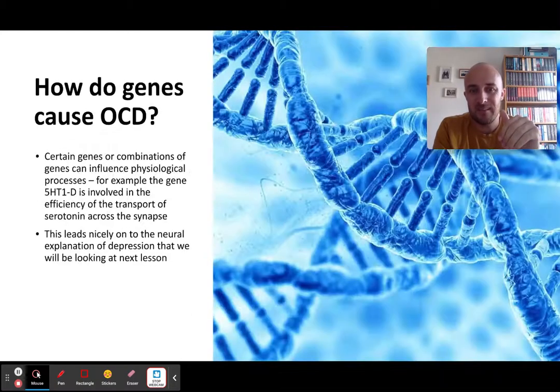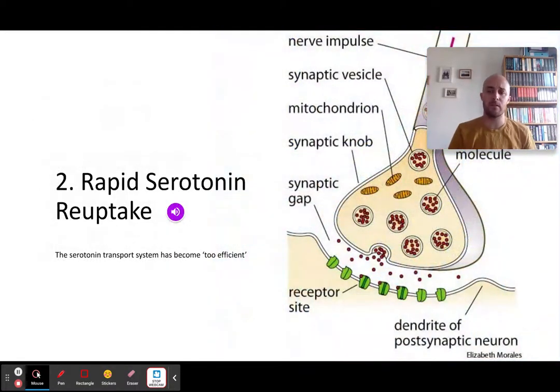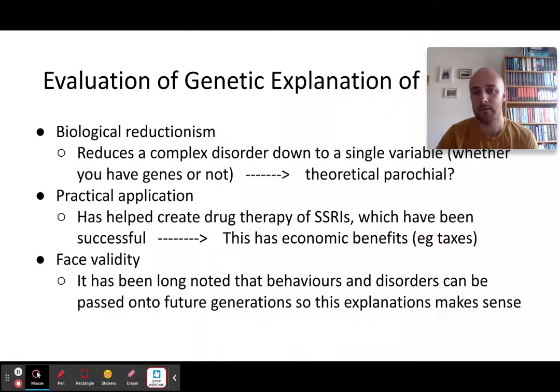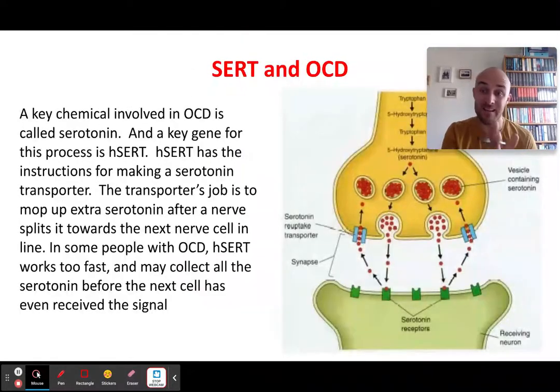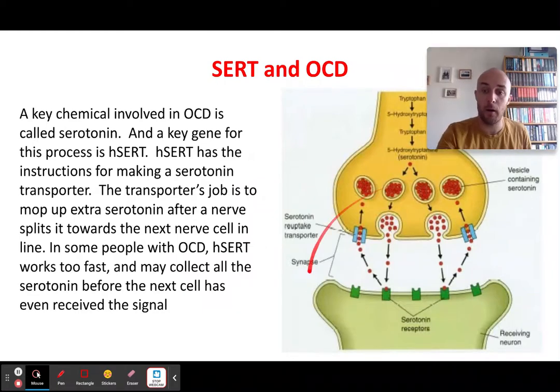Now, the second one here, this is where it gets a bit confusing. I've already described this. So you can either come at what we've talked about so far from a genetic point of view. The faulty SERT gene causes your biochemistry to go wrong.